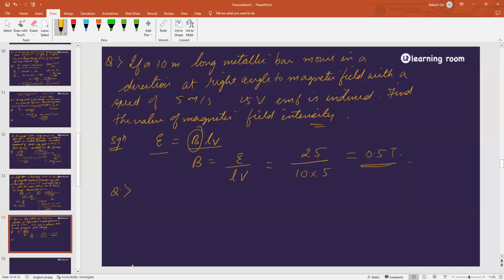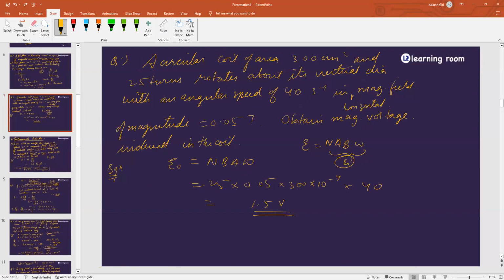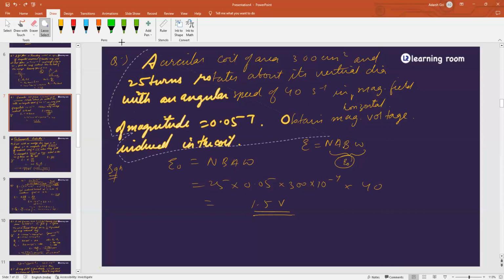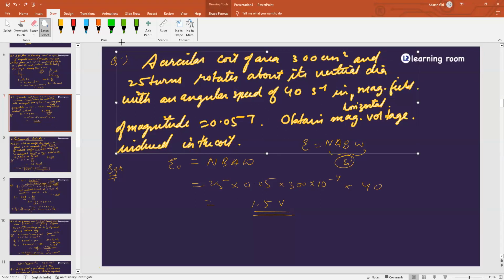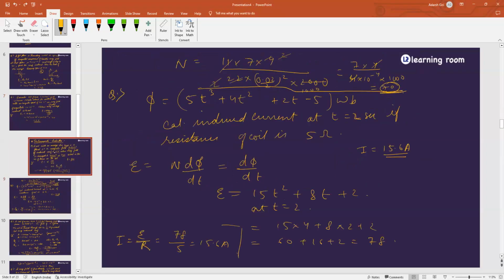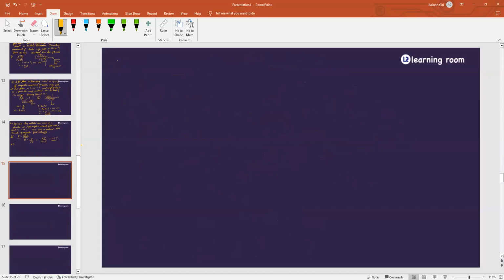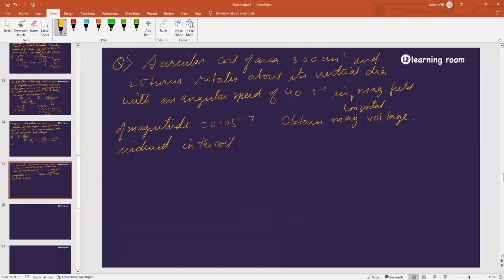Okay, next question. A circular coil of area 300 centimeters square and 25 turns rotates about its vertical axis with an angular speed of 40 second inverse in a horizontal magnetic field of the given magnitude.